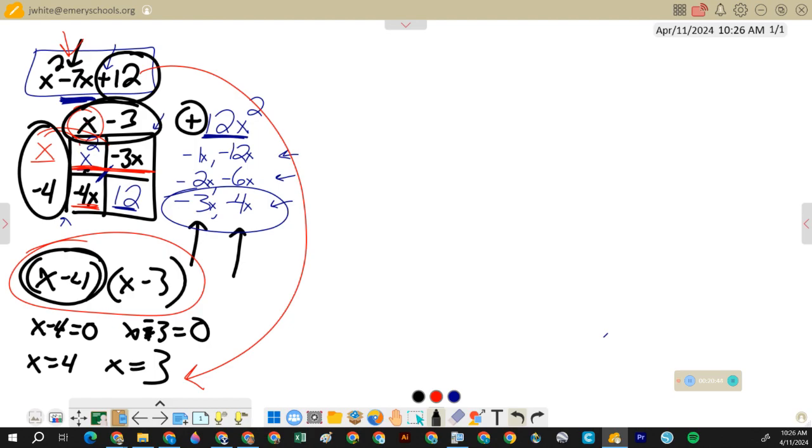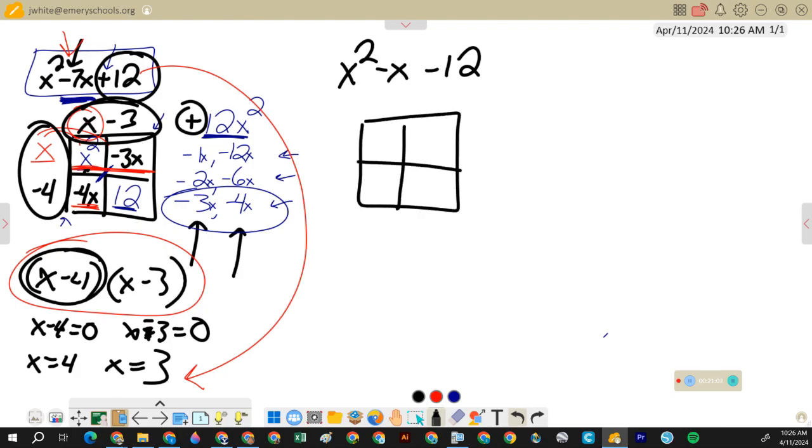Let's do another one. X squared plus x minus 12. Wherever you got room. I don't care where you write it. So we draw a box. The first step is put in the x squared and the negative 12.